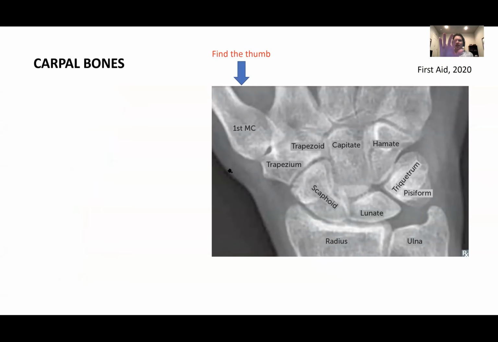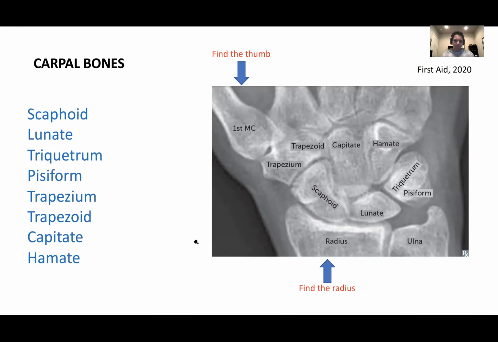So you know that the hand's kind of like this, right? And if you can't do that, find the radius, the bigger of the 2 bones. The ulna doesn't even attach to the carpal bones. The ulna is wrapped up with the radius, so there's no actual attachment between the ulna and these bones. Only the radius attaches to these carpal bones. The ulna is just kind of on the side and it attaches to the radius, helps with pronation and supination.